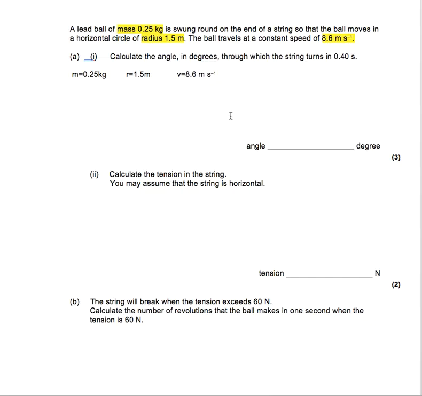So, I want to know the angle, so I'm thinking angular speed. It's not the only way of doing this, but I'm thinking angular speed. I've got v, I've got r, and if I had omega, then, and of course I have the time, which I haven't highlighted, but I have the time as well.